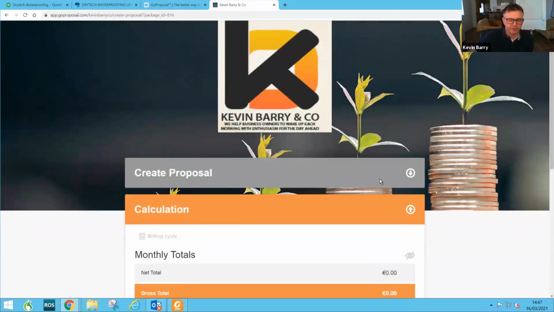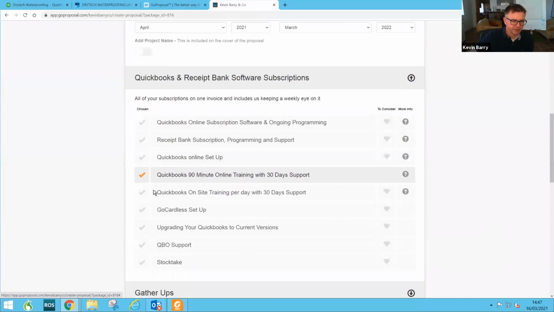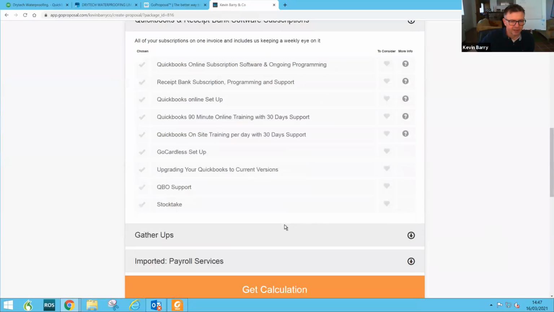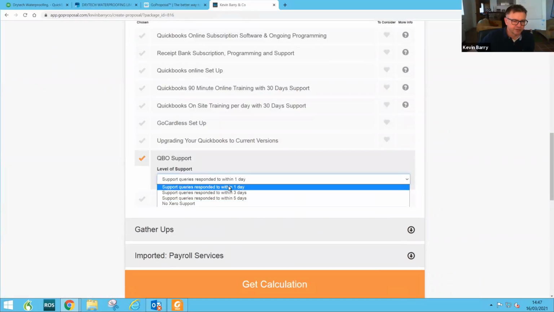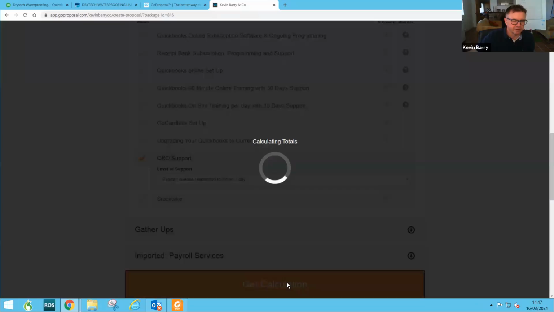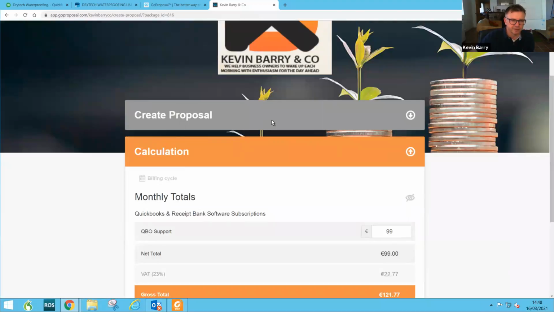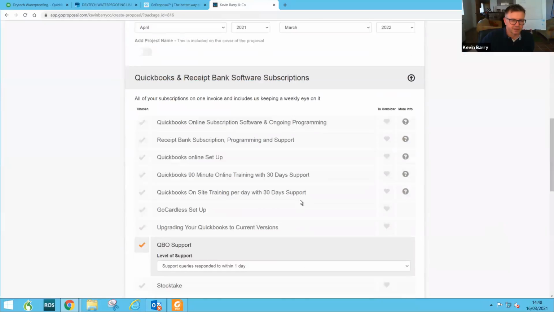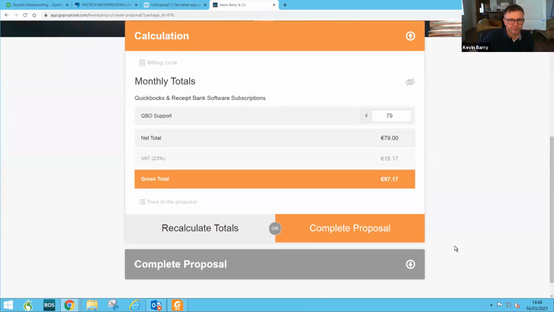Or if you want to do it all yourself, but you just want us in the background, and you feel you don't need the training, but you want support. If you want support done within a day, this is only if you don't do the subscriptions, 99 quid a month. And some people go for that. Or you could have the answer within 3 days, a bit cheaper, 79 a month.